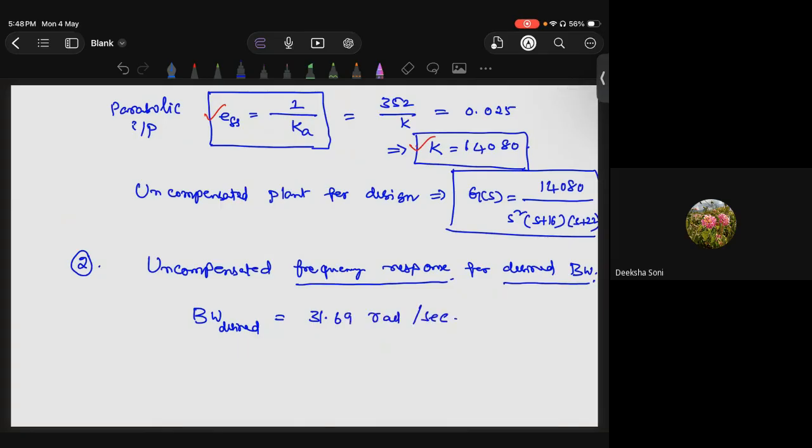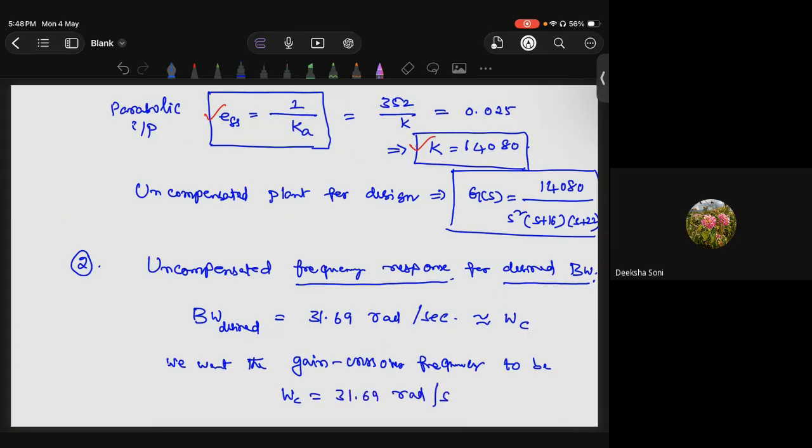Bandwidth is almost equivalent to omega c. So what we want is the gain crossover frequency omega c equal to 31.69 radians per second. That is our need.